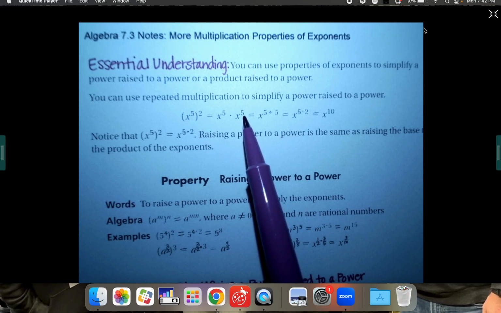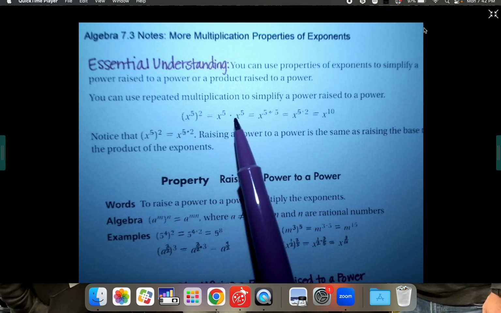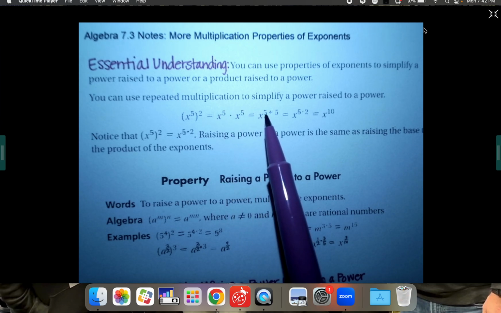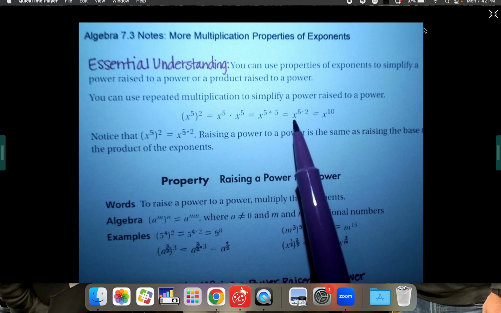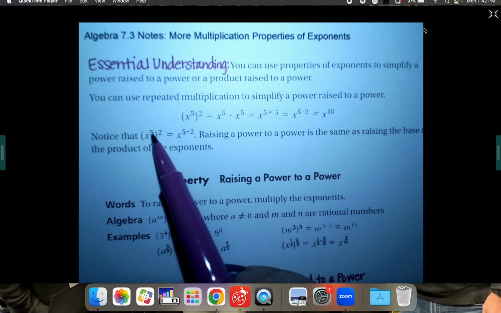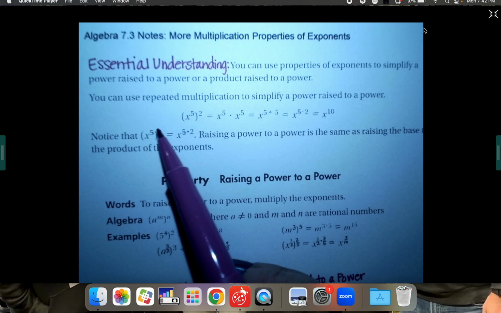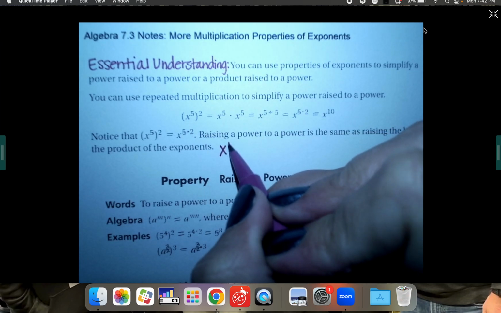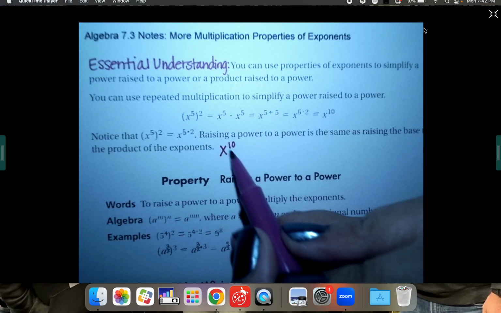And remember in a previous lesson that if you have the same bases, you can add their exponents. So x to the 5 plus 5, which is x to the 10. So an easier way to do it would be if you have a power raised to another power, you just multiply those and you've got x to the 10th without having to think about them repeated.